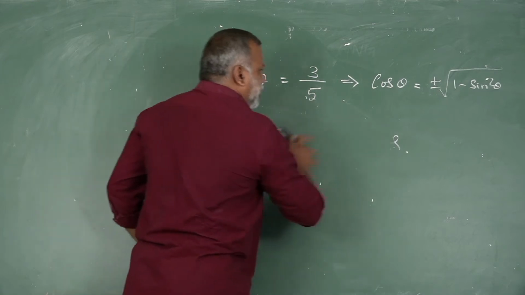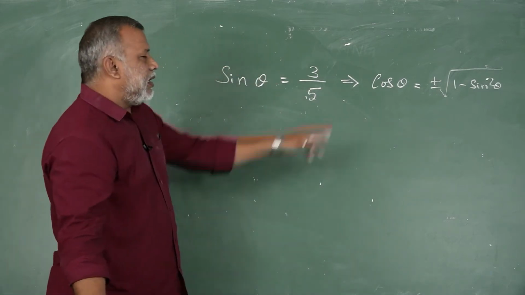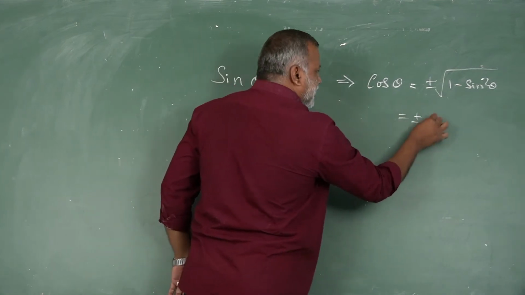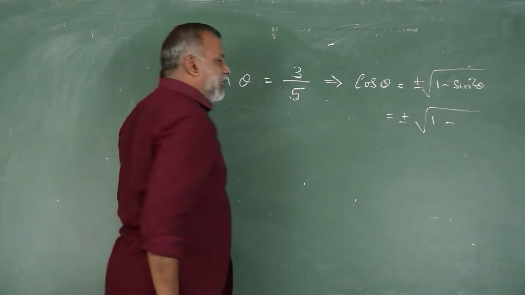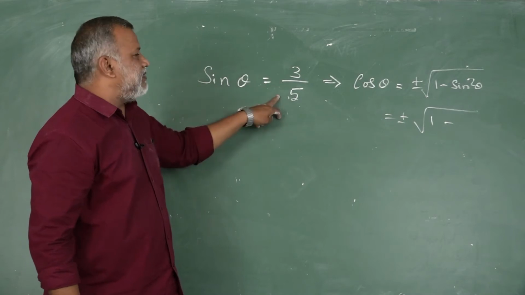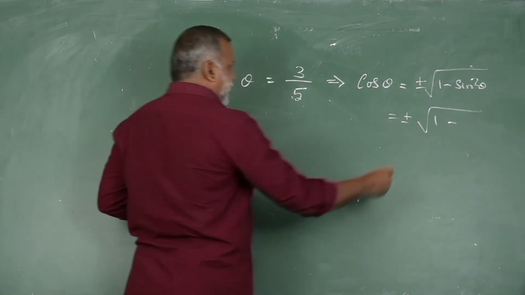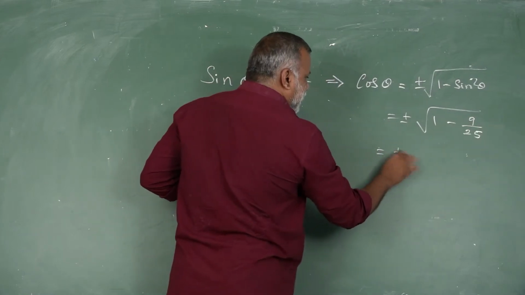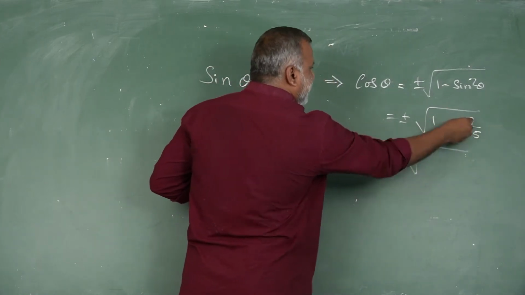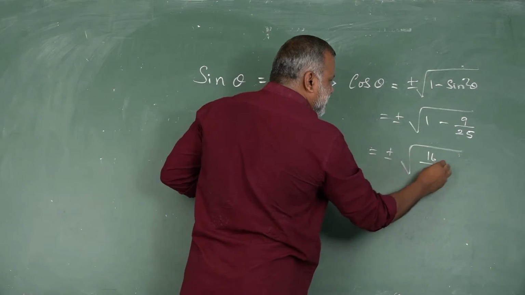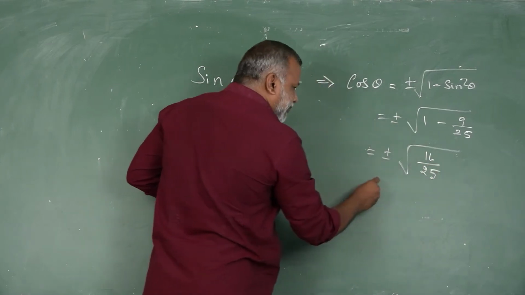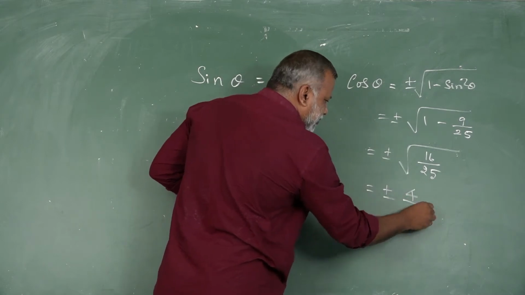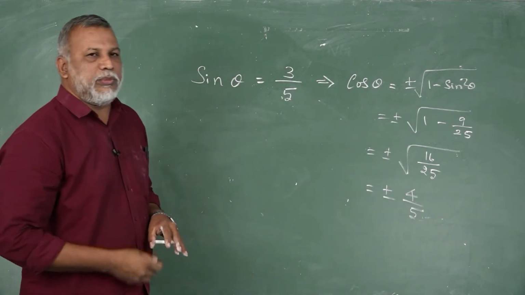Now sin theta equal to 3 by 5, then cos theta equal to plus or minus square root of 1 minus sine square, squaring 3 by 5 gives 9 by 25. Then take LCM, 25 minus 9, we get 16 by 25. From this we get plus or minus 4 by 5.